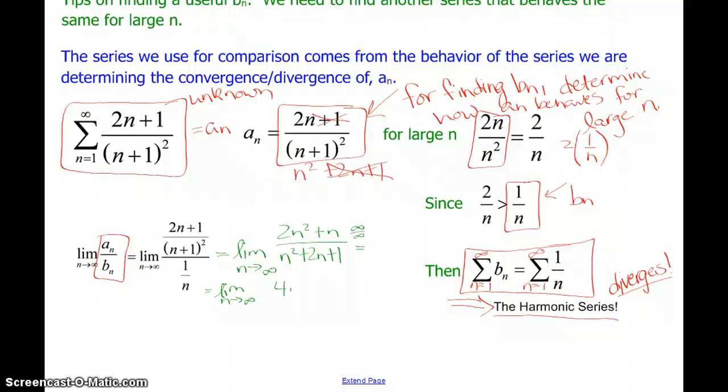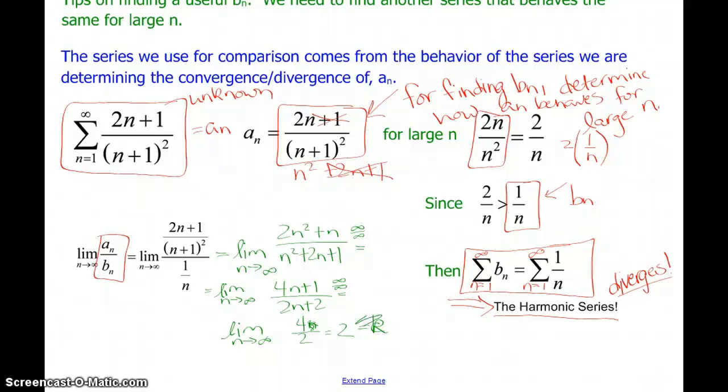So I have 4n plus 1 over 2n plus 2. Once again, I have infinity over infinity. So another iteration of L'Hopital's leaves me 4 over 2, that leaves me 2. That is a real number value, C or K or whatever you want to call it.